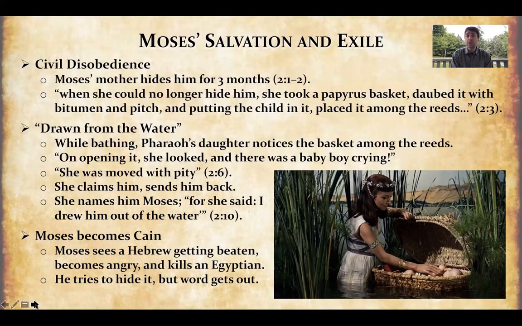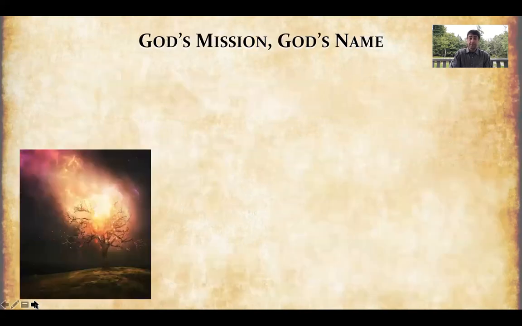And before he can be hunted down by Pharaoh for his crime, he flees. In other words, he becomes a wanderer, which is exactly what happened to Cain, right? He becomes angry, he kills, and then he's forced to flee and become a wanderer. So Moses flees into this land called Midian, which is in the middle of the desert.